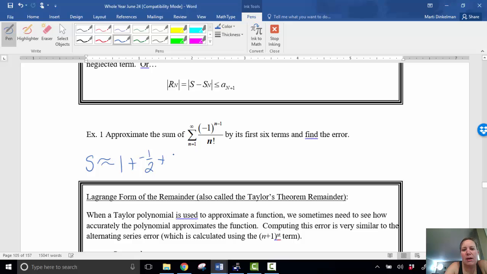When n is 3, it'll be positive over 3 factorial. I'm going to go ahead and put 3 factorial here and show you a trick I don't think I have gotten to really yet. Next one will be -1 over 4 factorial. We're doing 6, so when n is 6, for 6 terms, I guess it's what it says. So 2 more.